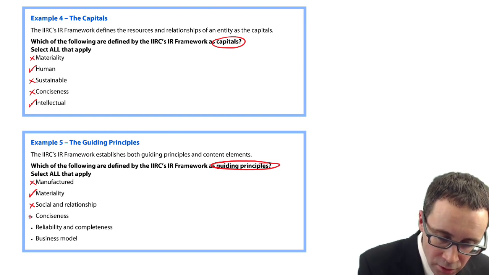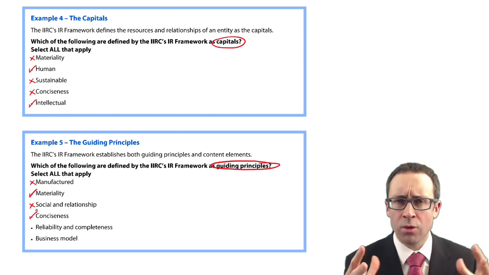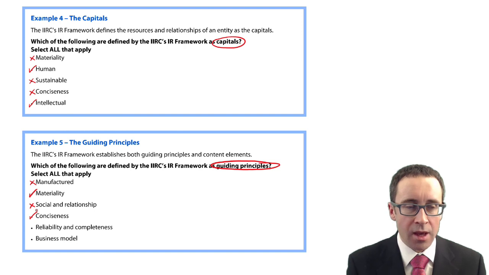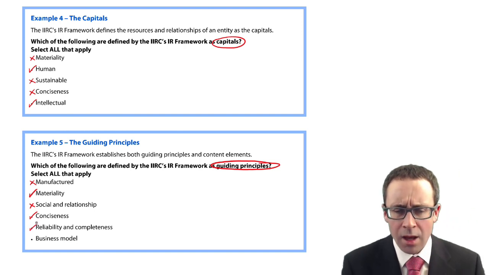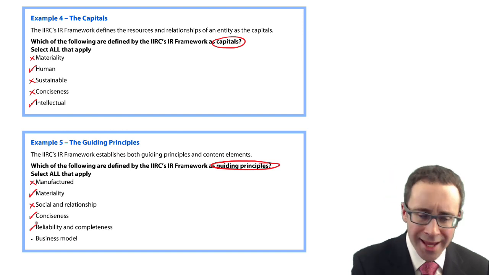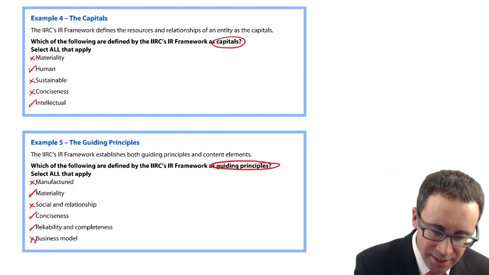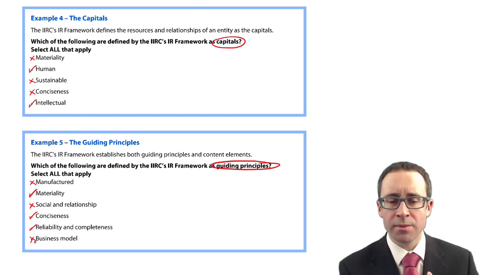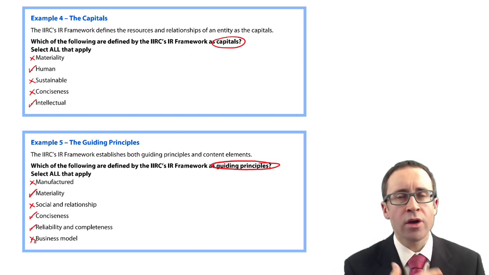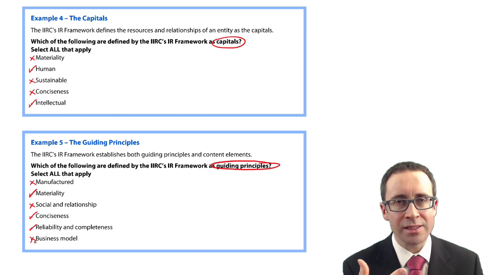You know, we want to make sure that it is as concise as possible. Okay. We want it to be reliable. We want it to be complete. But the business model isn't a guiding principle, is it? Okay. It's not a principle that we need to follow in terms of its preparation. It's one of the content elements that should be there, isn't it?